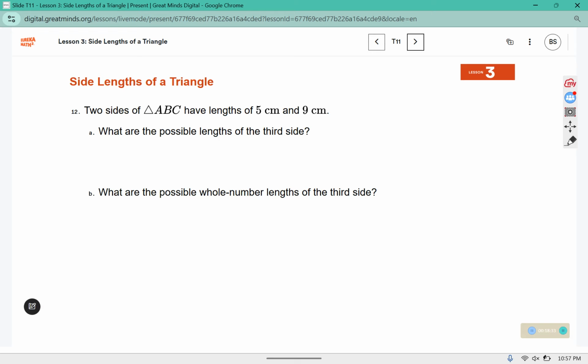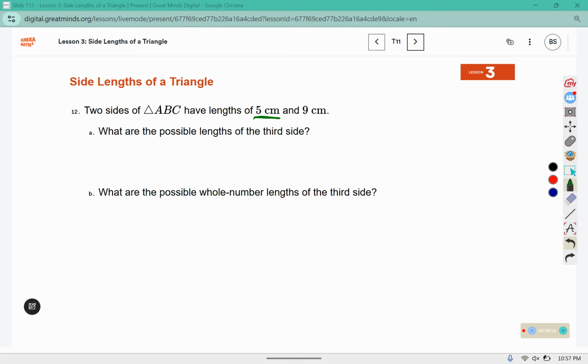Two sides of triangle ABC have lengths of 5 centimeters and 9 centimeters. What are the possible lengths of the third side? Well, we know for sure that 5 is one of the shorter sides because 9 is longer than it.